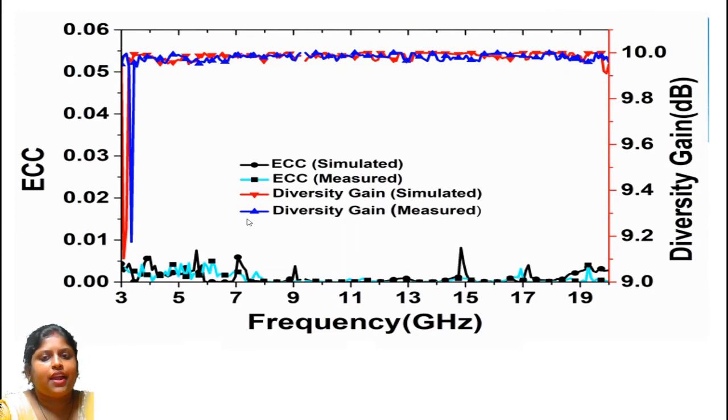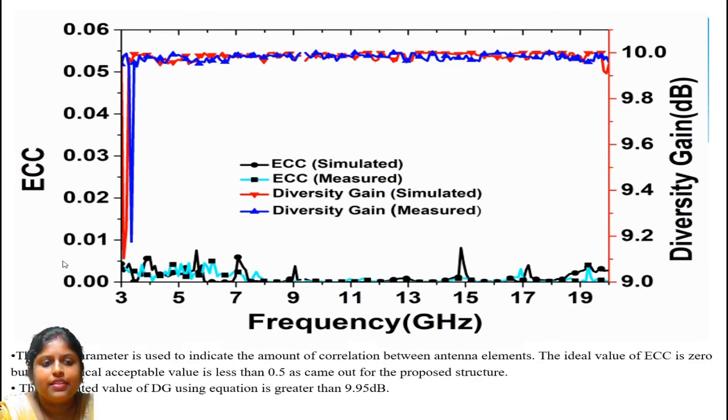Now, ECC and diversity gain. ECC and diversity gain are both very important parameters to examine the performance of any MIMO antenna system. ECC represents how much correlation is present between the antenna elements. This plot shows the ECC curve for the measured and the simulated.